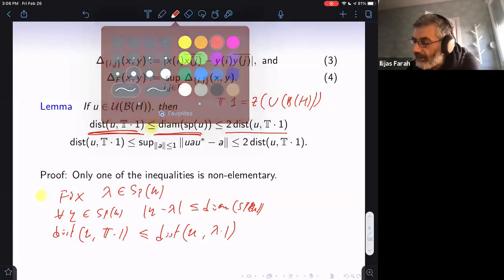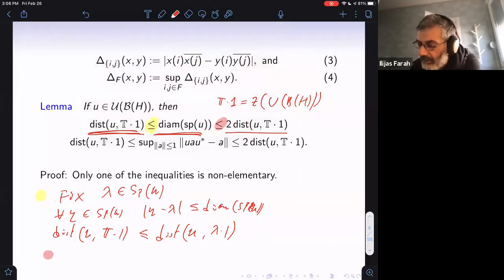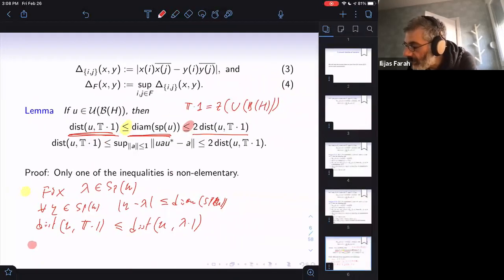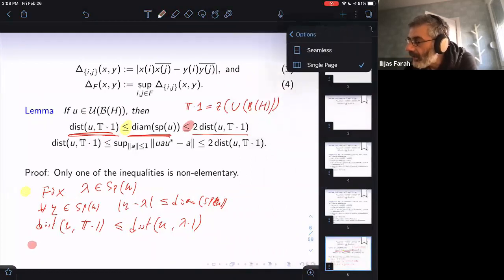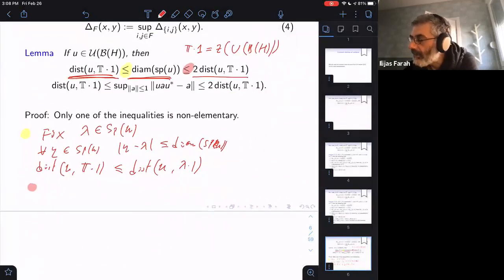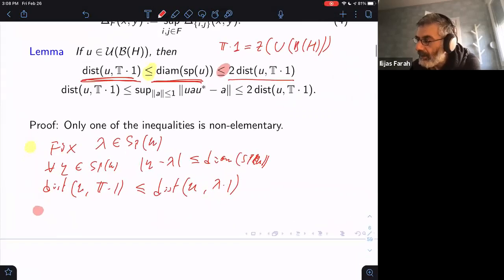The second inequality, let's make it red. Well, it's pretty much the same thing. Basically, why do we have 2?